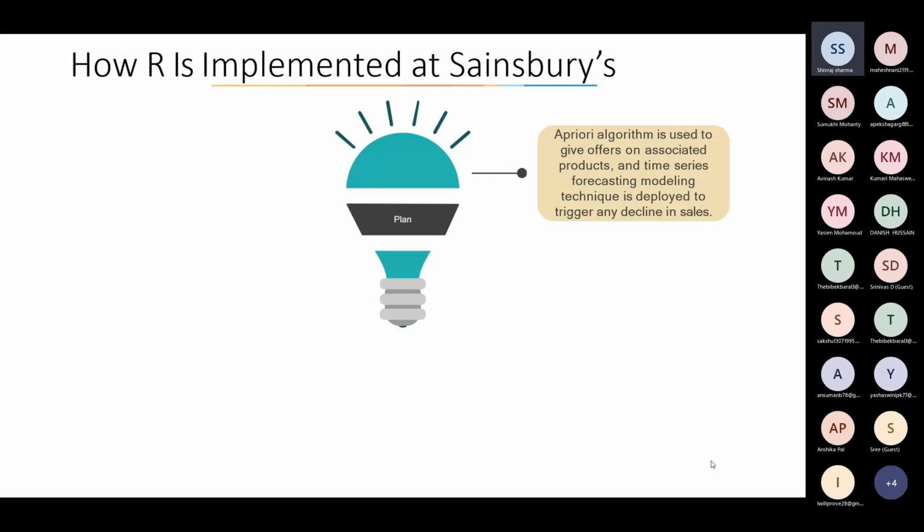This algorithm is used to give offers on associated products, along with the time series forecasting technique. It is deployed to trigger on any decline in sales. So if there is a need to give offers on a particular product which is going below the cutoff limit, the offer is opened on those products so that the sale increases on them, right?